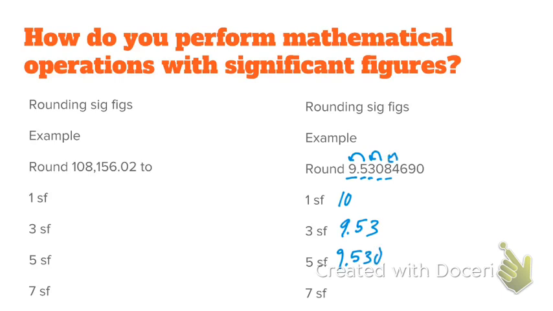It's less than 5, so I'm going to keep it an 8. And then let's do 7 sig figs: 9.53084, and then it's a 9, so this will go to a 7. I'm going to round the 6, the last significant figure, to a 7.